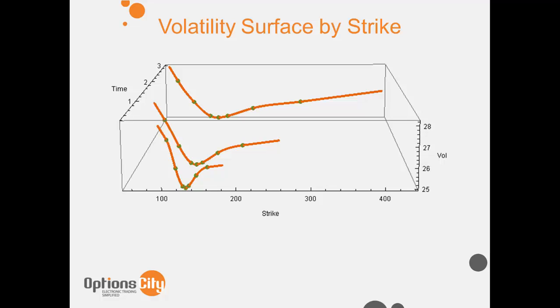The key point here is that when we're trying to compare volatility from one time to volatility at another time, what we want to be thinking about is an apples-to-apples comparison. We want to be looking at price movement in terms of how much noise we expect in 3 years' time versus how much noise we expect in 1 year's time.